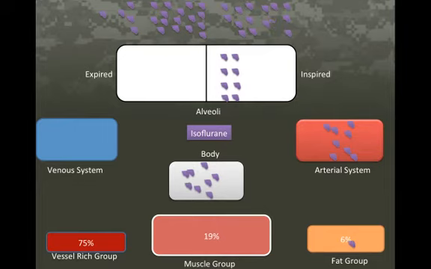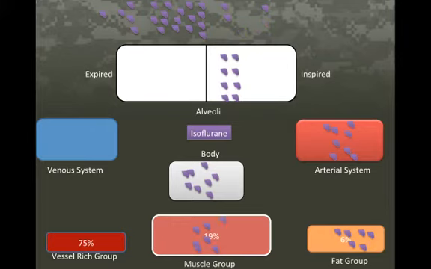For distribution, the vessel-rich group receives 75% of cardiac output and represents 10% of the body mass. The muscle group receives 19% of the cardiac output and represents 50% of the body mass.